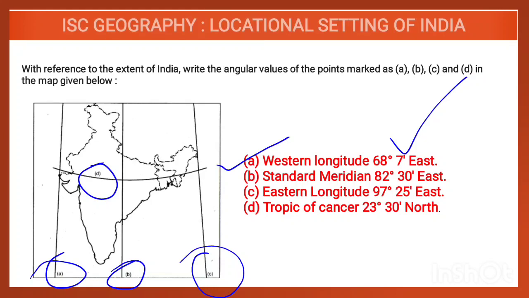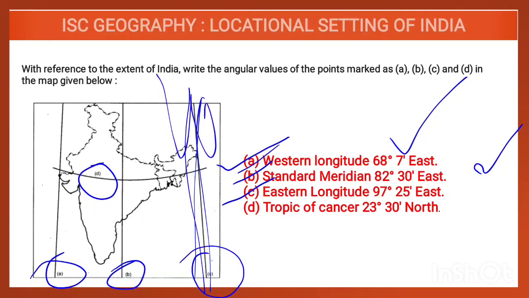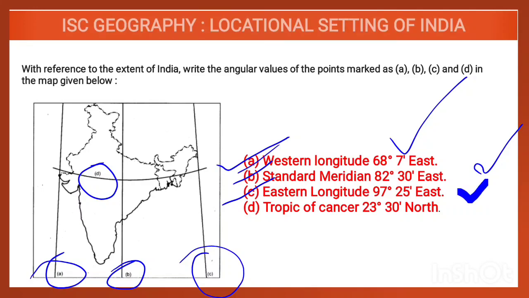B is your standard meridian, which passes through Allahabad in Uttar Pradesh, that is 82 degrees 30 minutes east. Next one, C, is the eastern longitude, which is 97 degrees 25 minutes. Next one is the Tropic of Cancer, which divides our India into two equal parts.